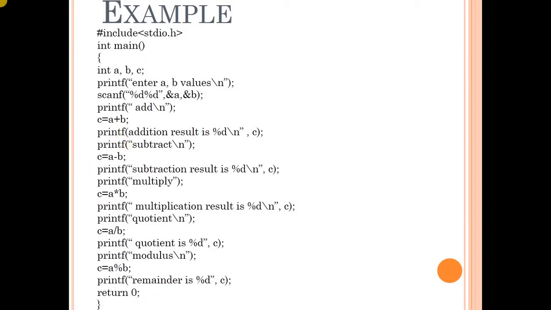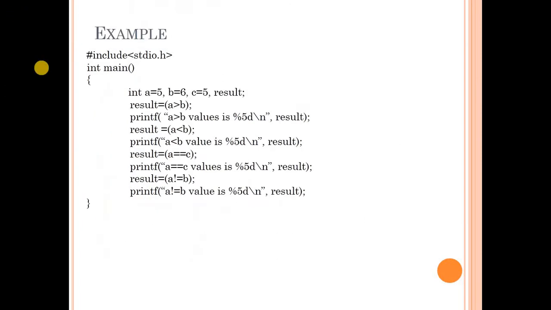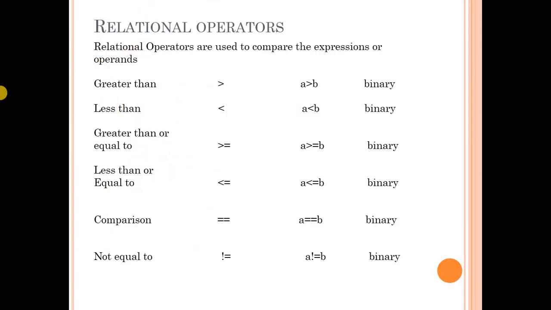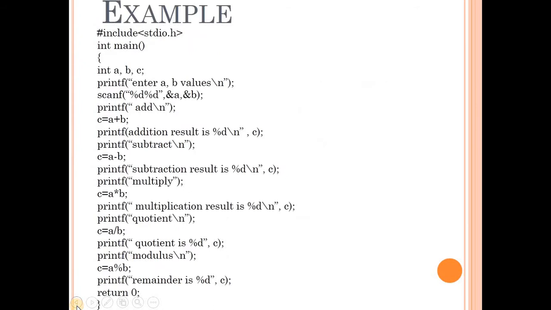So a minus b here, a into b here, a by b here, and a percent b. We are generally writing into values, right? I'll talk about equal to also. What is this equal to doing? At the end of this slide you will know it.